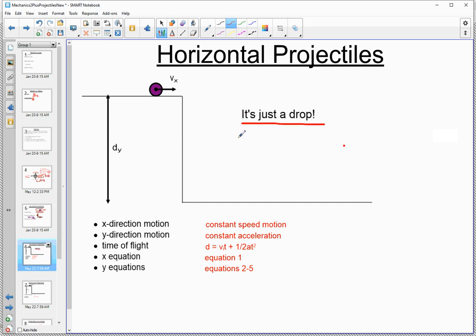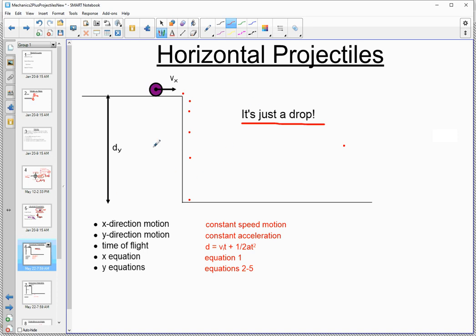It's just a drop, which means if you launch an object horizontally off a cliff, the object, when it leaves the edge of the cliff, will hit the ground in the same time as a dropped object, which is at first hard to believe, but when you see it and you think about the physics of it, the falling aspect, the little g equals 9.81 meters per second squared, doesn't really care about the fact that the object is moving in the x direction.